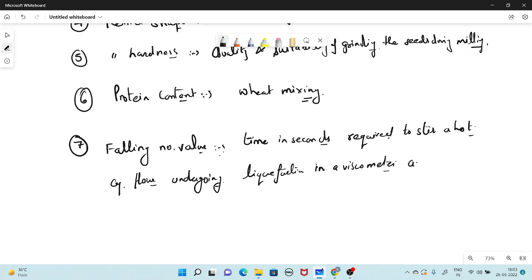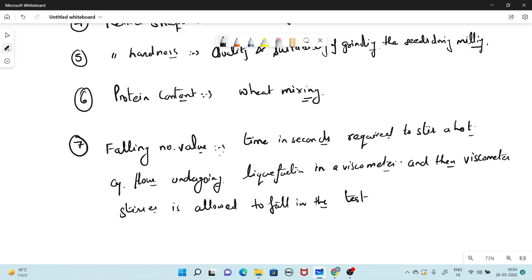Then the viscometer stirrer is allowed to fall in the test tube a certain distance.